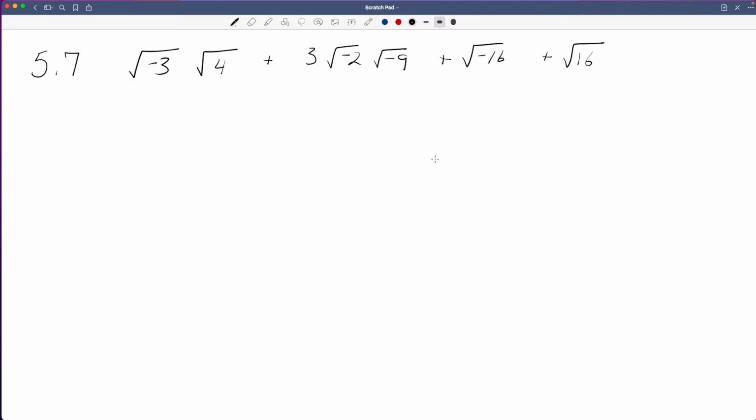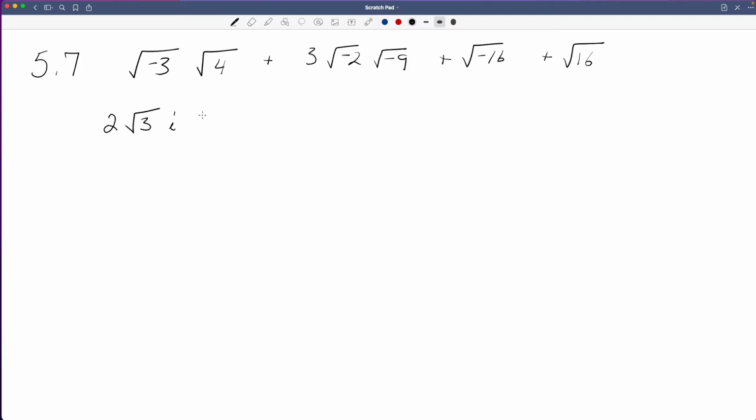All right, so we begin by using the i notation. So we start here with the square root of 3 times i, and we know that the square root of 4 is 2, so we can write that right in front of here. 2 times the square root of 3, i.